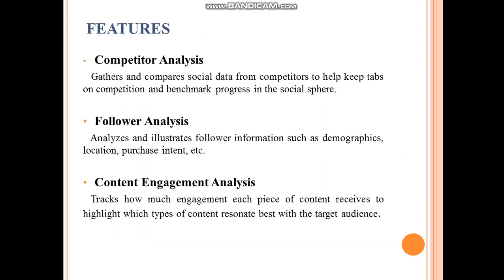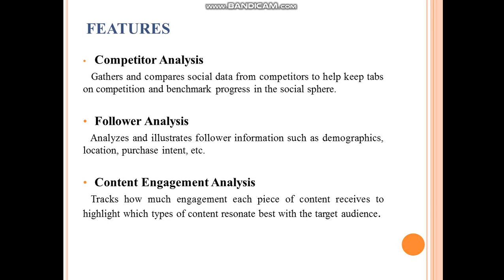Next are the features of Quintly. Following are the features provided by the Quintly social media analytic tool. First one is competitor analysis. It gathers and compares social data from competitors to help keep tabs on competition and benchmark progress in the social space.